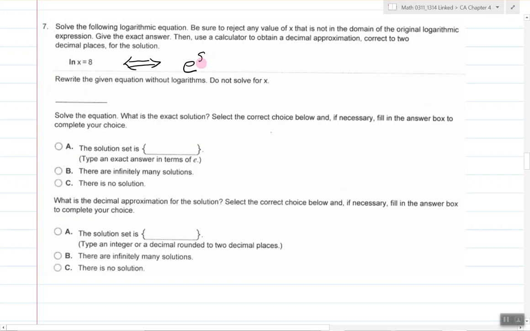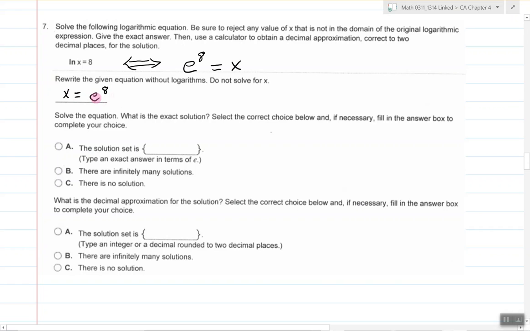The power, logarithms are always equal to the exponent, and that's equal to x. So you could write it this way. I'll probably just write x is equal to e to the 8th. And I believe that you will find your e in the toolbar. Don't just pick e off the keyboard, I don't think. It should be in your tools.